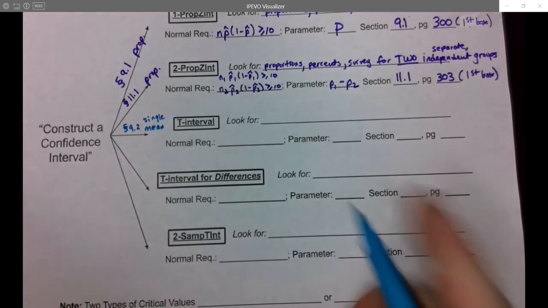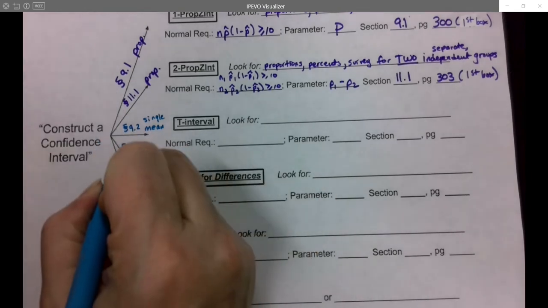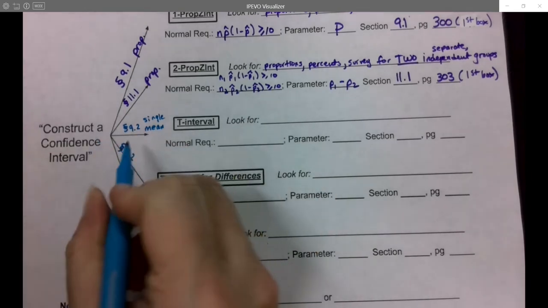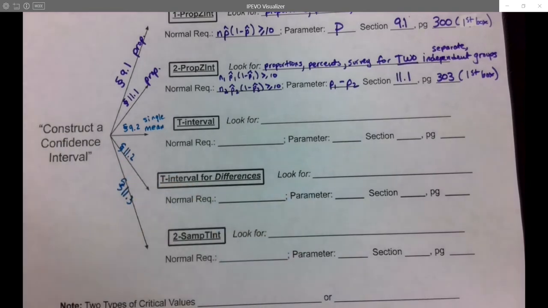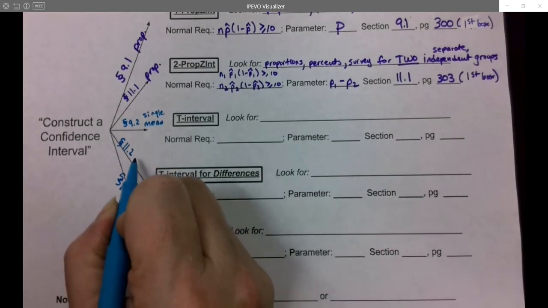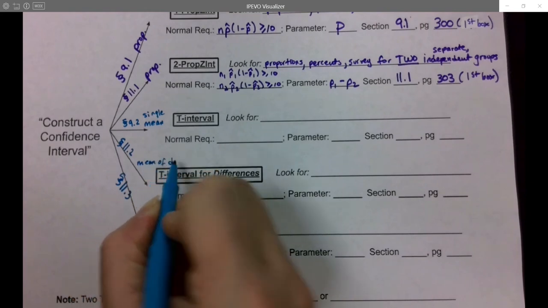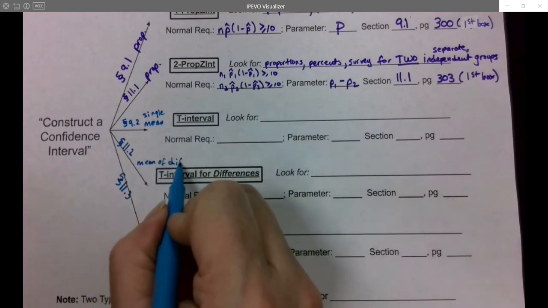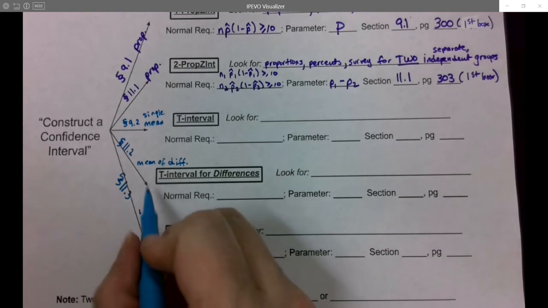Then we have the ones that we learned about in chapter 11, if you will, which are this one's section 11.2 and this one's section 11.3. They're both for means, right? But this is for the mean of differences, right? The differences. And this one is the difference in means, which I know sounds the same, but they're not.